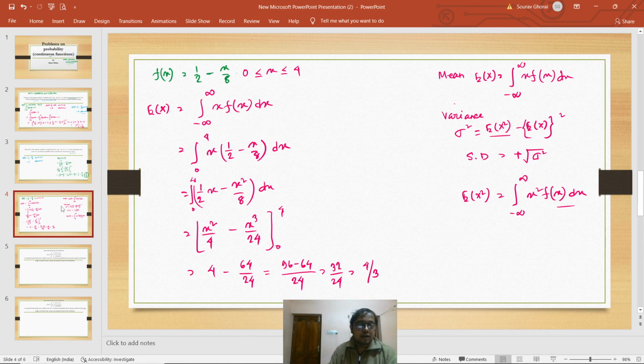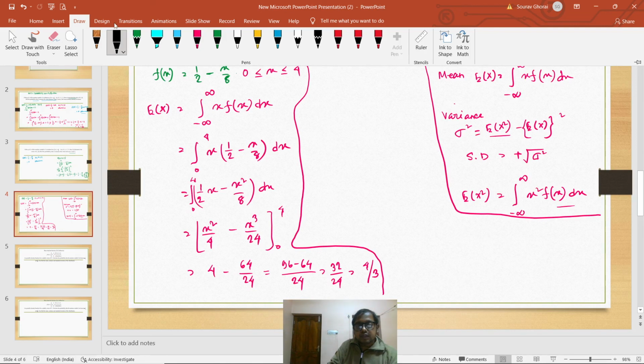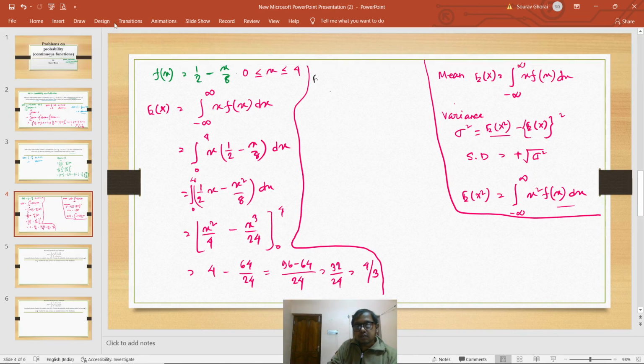Similarly, we now have to find the variance. For finding the variance, we also have to find E of x square. How can we find E of x square? We know that this is the integral from minus infinity to infinity of x square into f of x dx.